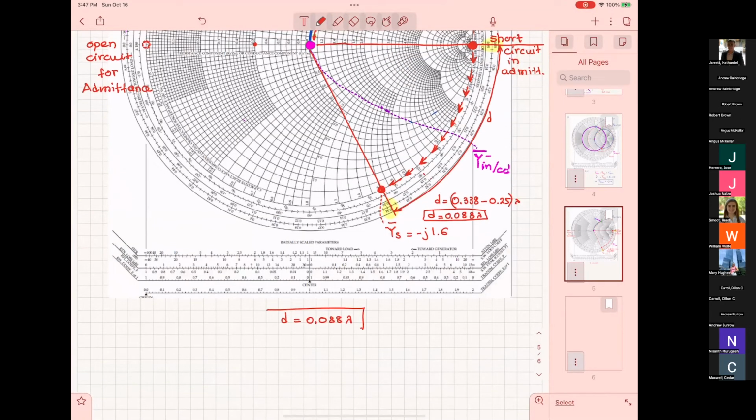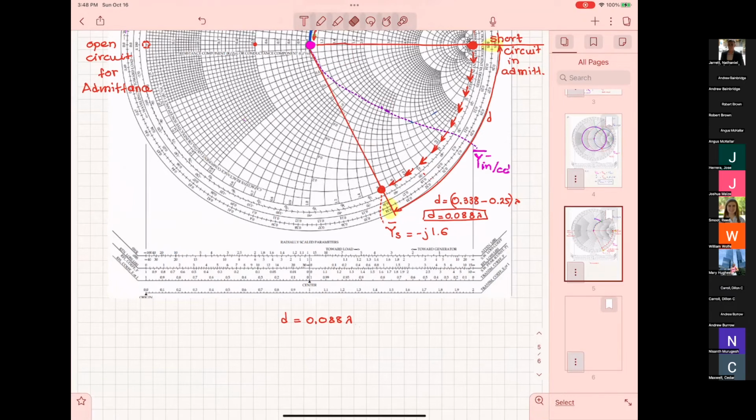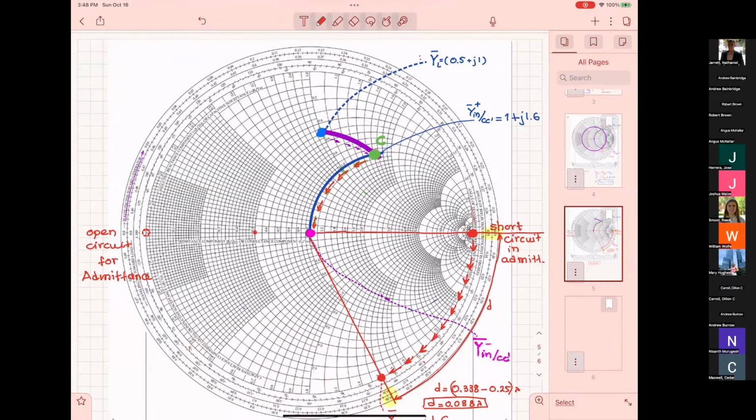The other thing that I have to find is the length of the line, L sub s. So I did one here, I found one. Now I have to find the other. To find L sub s, I moved from the blue to the green.